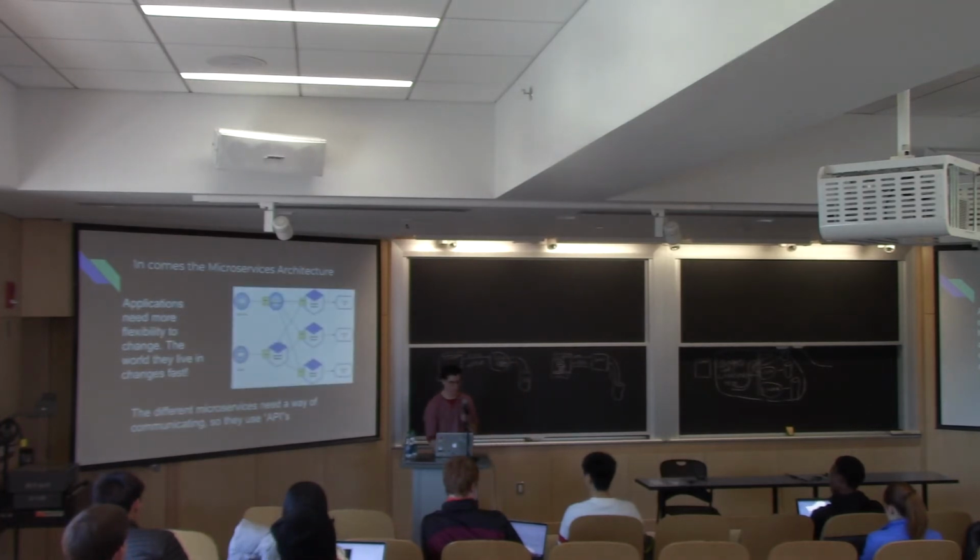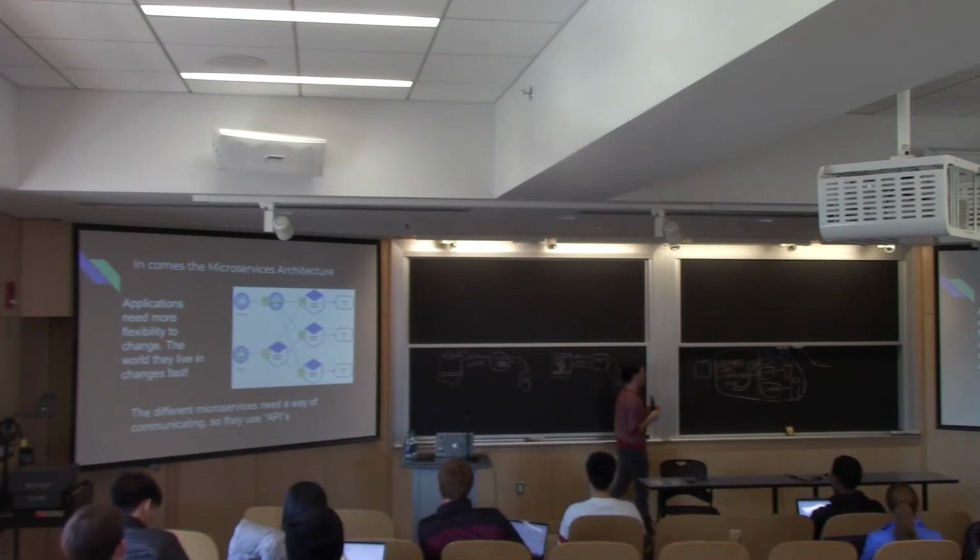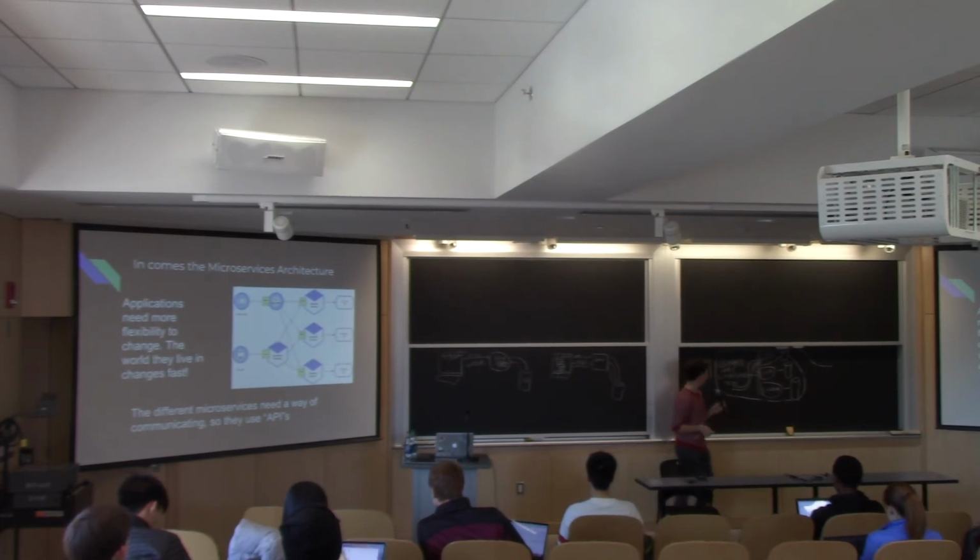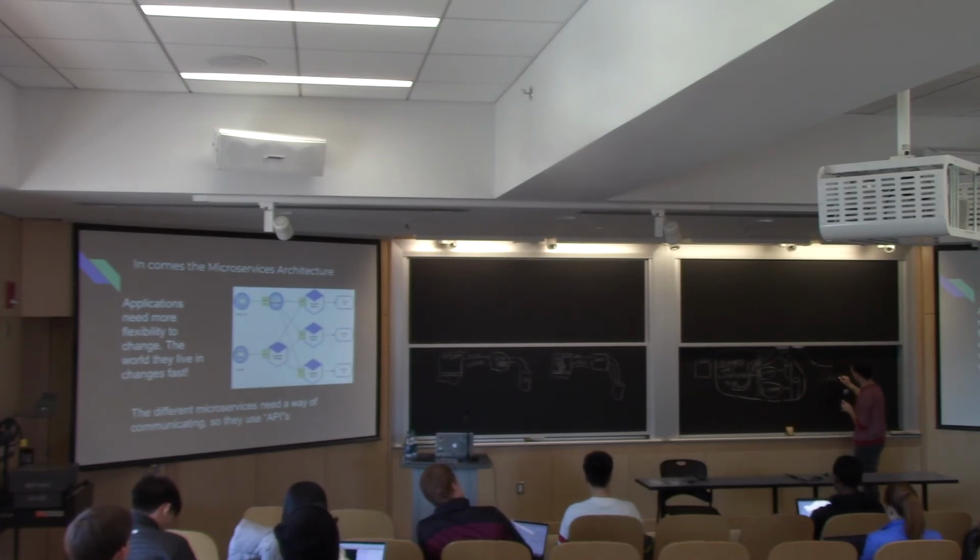But generally, the de facto way to make an API right now is to use a REST API, which essentially means that you have some server, bookshare.com/API, and then on that server you have different routes.